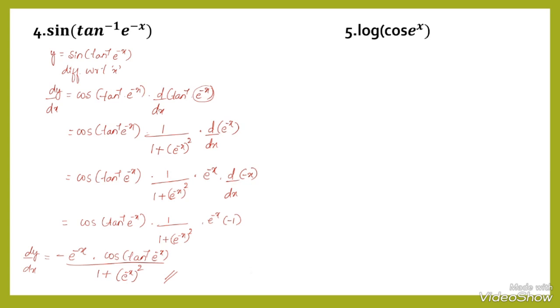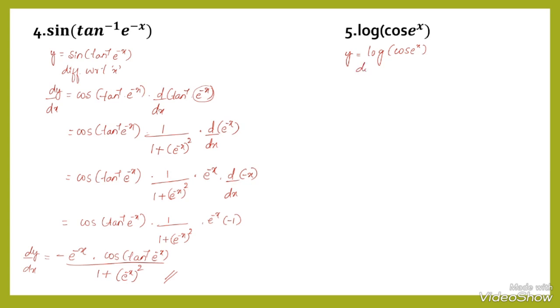Okay, now let's move on to the next problem, that is exercise problem 5. That is, I can write y is equal to log of cos of e to the power x.